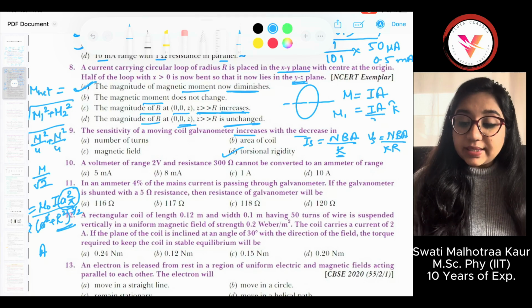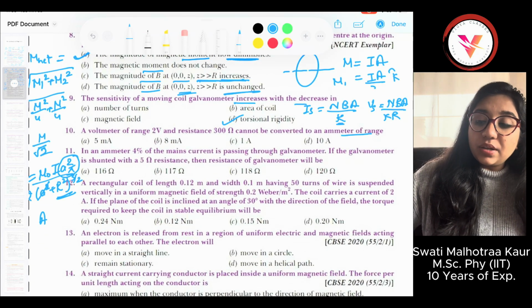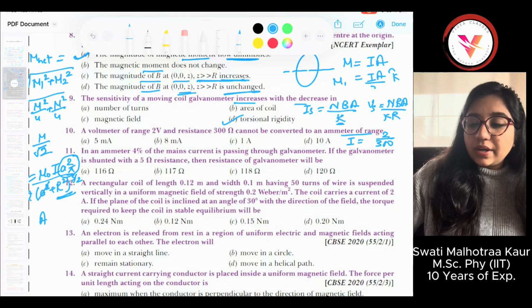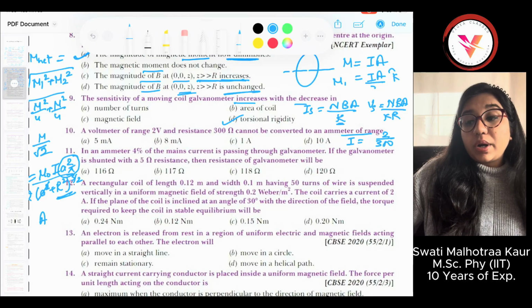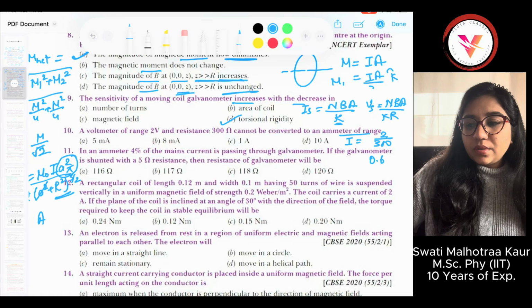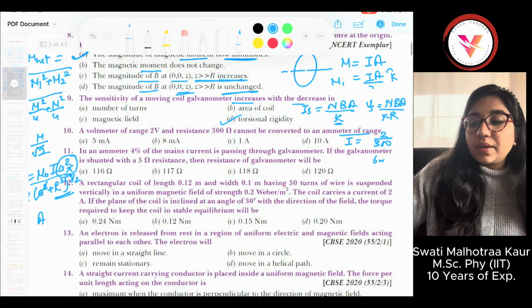Okay. Next, a voltmeter of range 2 volt and resistance 300 ohm cannot be converted to an ammeter of range. Let's simply calculate I, which is V by R, which is 2 by 300, and what is that? 6 point something milliampere.